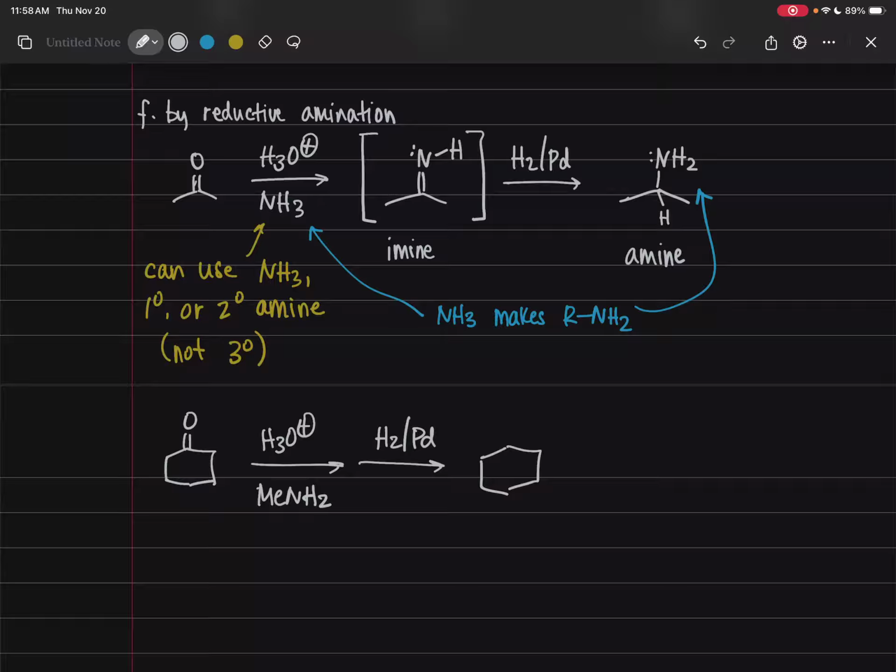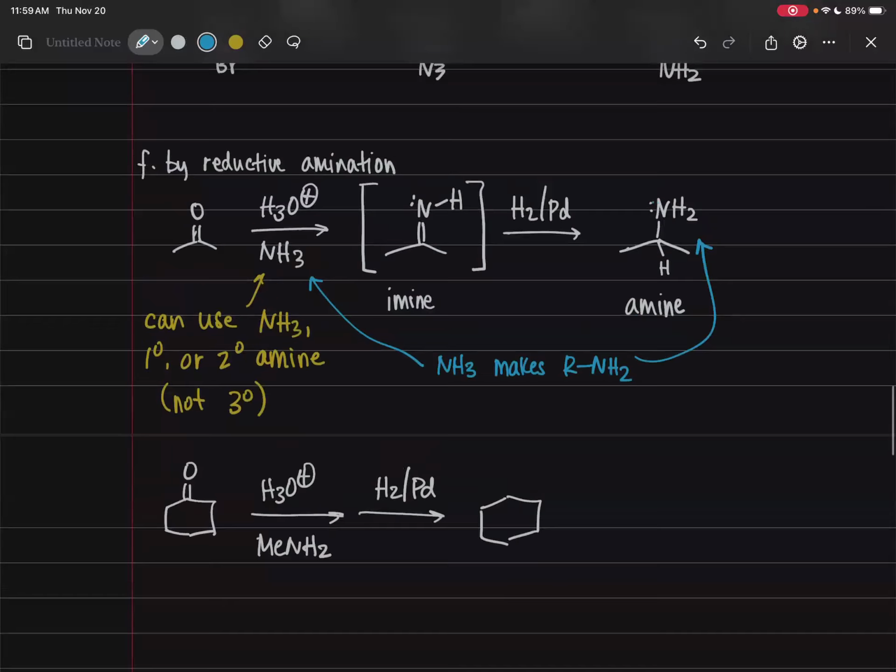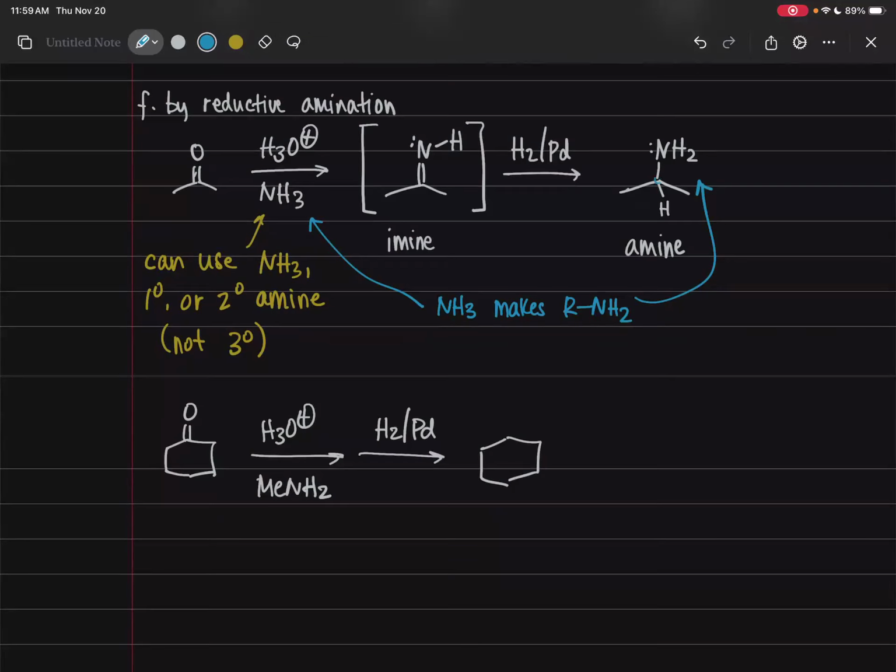Okay, so what do we do? Well, the carbon that used to be the carbonyl carbon is going to get reduced, this carbon here, and we attach the nitrogen atom along with everything attached to it minus one hydrogen.